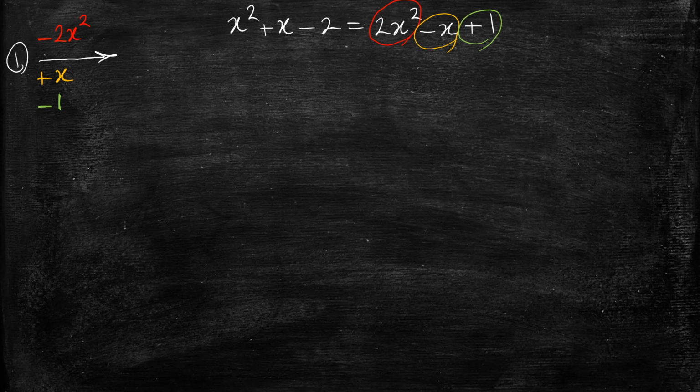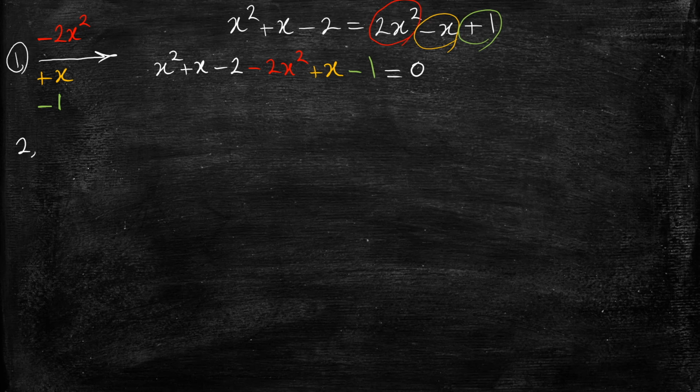So I'm going to copy the left hand side here, x squared plus x minus 2, and then subtracting 2x squared, adding the x, and subtracting 1, and that will result on the right hand side being 0.